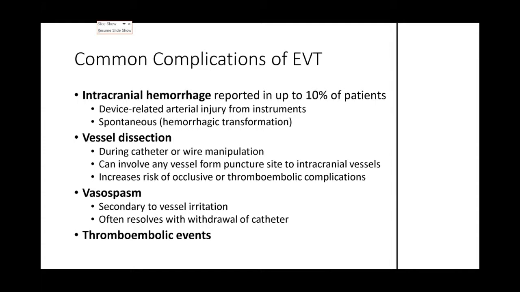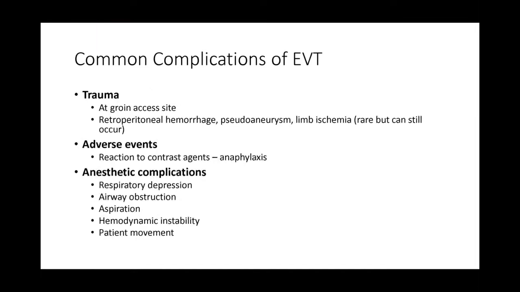Vasospasm is also possible due to vessel irritation, but it usually resolves with withdrawal of the catheter, and further thromboembolic events are also possible during the EVT. And trauma can occur at different levels. At the groin access site there can for sure be trauma, but we shouldn't forget about rare cases of trauma, such as retroperitoneal hemorrhage, pseudoaneurysm, and limb ischemia.